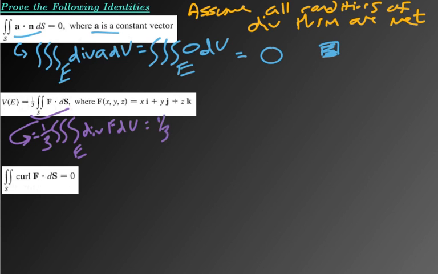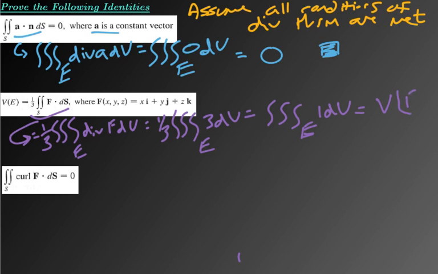And the divergence of F is just the partial of this with respect to X, which is 1, plus this with respect to Y, which is also 1, plus this with respect to Z, which is also 1. So you get a 3 in there, and then you can bring the 3 out, and it cancels the third, and then you are just doing a triple integral of 1 dV, which we know is literally the volume of the region E.